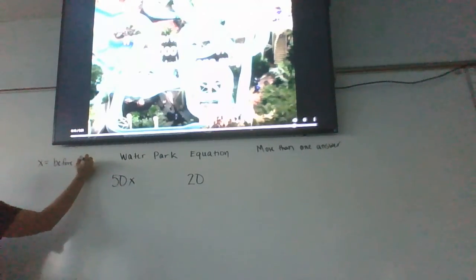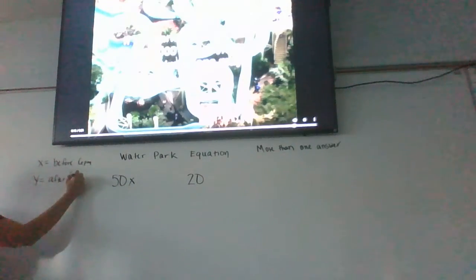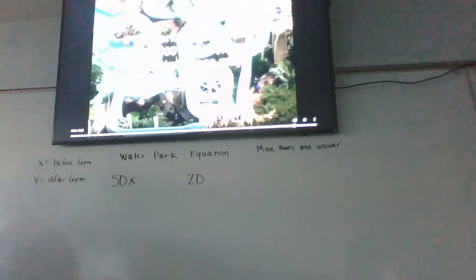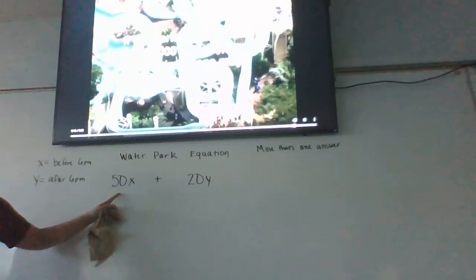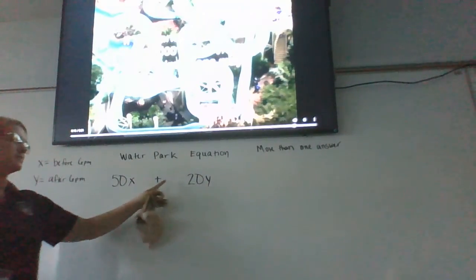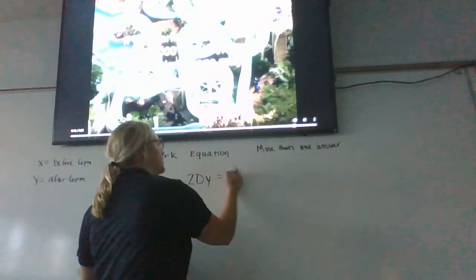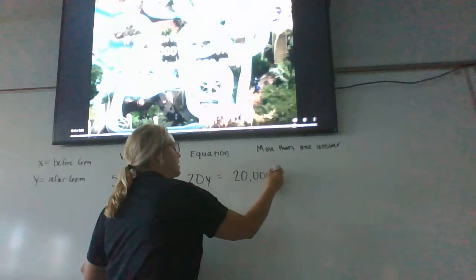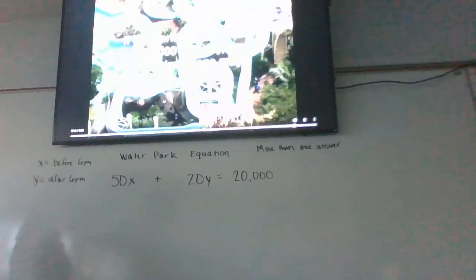We're going to call Y after 6 p.m. So, $50 times the number of people who bought a ticket before 6 p.m. plus $20 times the number of people who bought a ticket after 6 p.m. equals $20,000 coming into the water park. This is called a standard form linear equation.